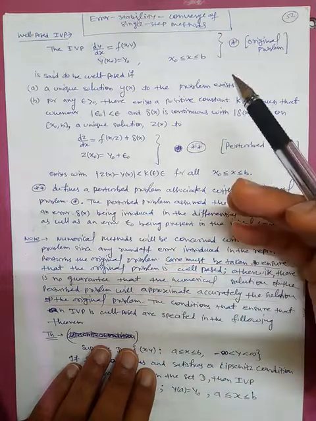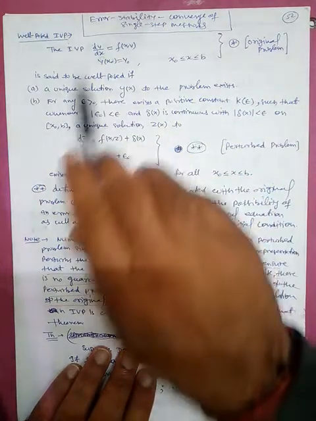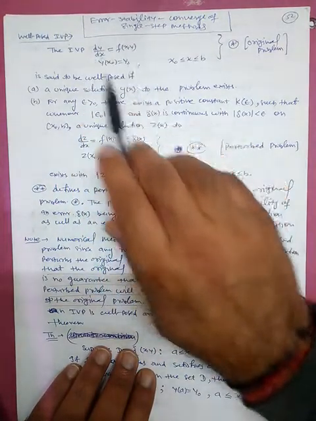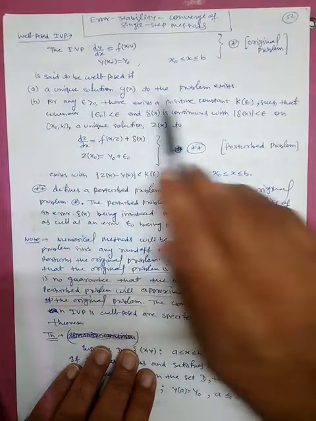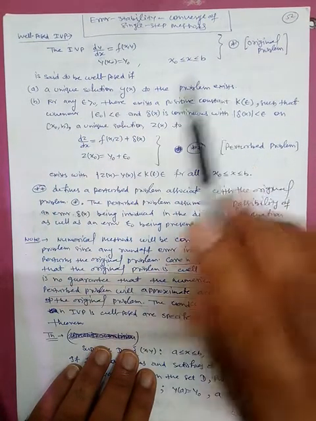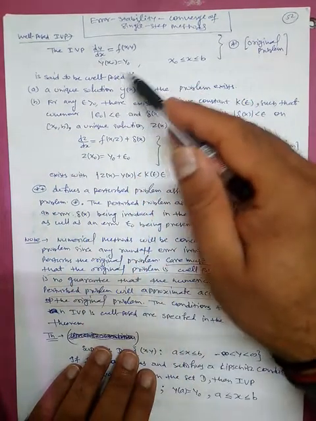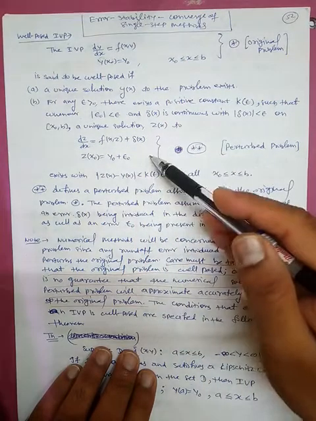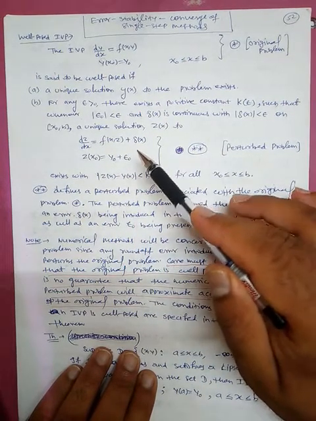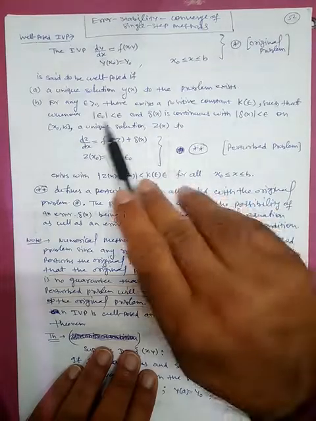So what is the condition? The condition says that this problem is well posed if this problem has a unique solution. Second, when we introduce some error here and some error here, we will get a perturbed problem. Then this perturbed problem also has a unique solution under these conditions.